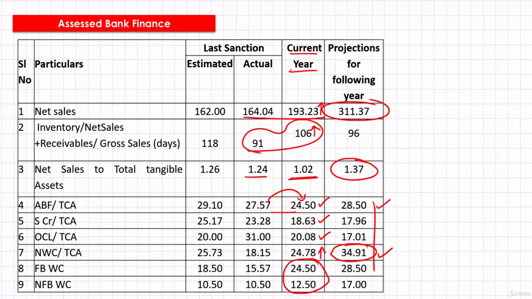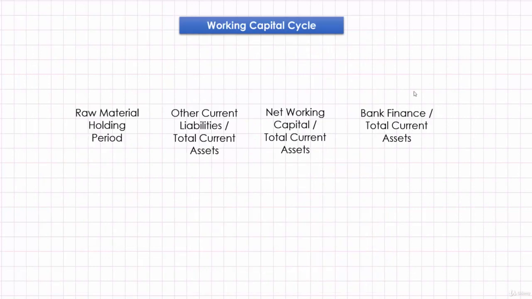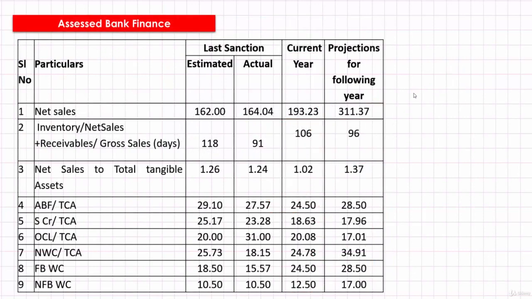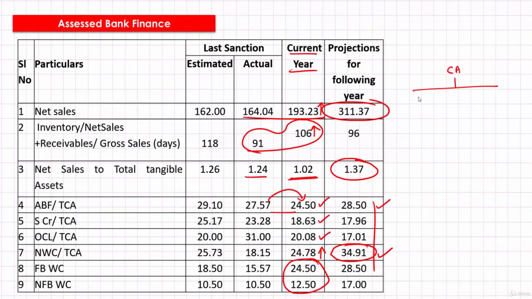So this is how ABF, assessed bank finance, is done. So I repeat once again, you can have current asset. In that current asset, one portion can be funded by sundry creditors, one portion by other current liability, one portion by net working capital, and the balance will be by ABF, assessed bank finance.